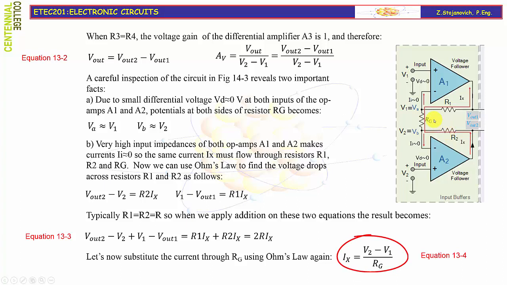Looking into figure 14-3, on one side of the resistor Rg we have the V2 potential, on the other side is the V1 potential, so the voltage drop V2 minus V1 divided by resistor Rg will give us the current that flows through it.